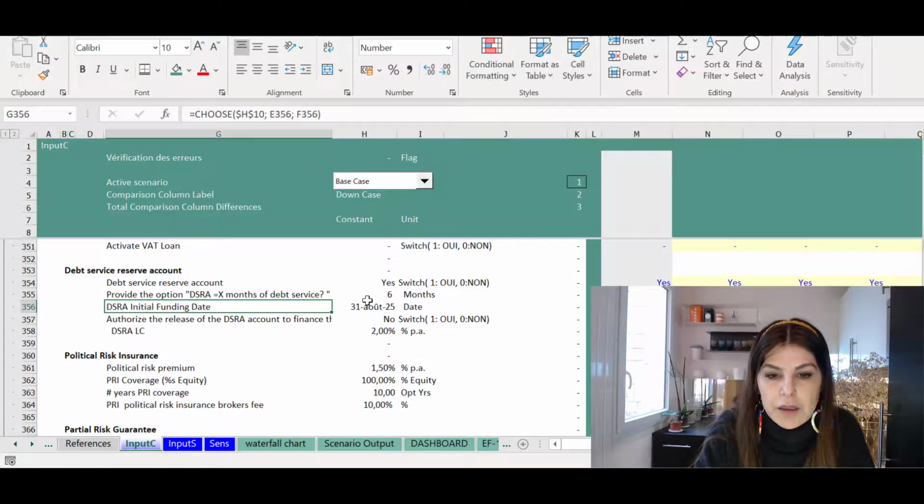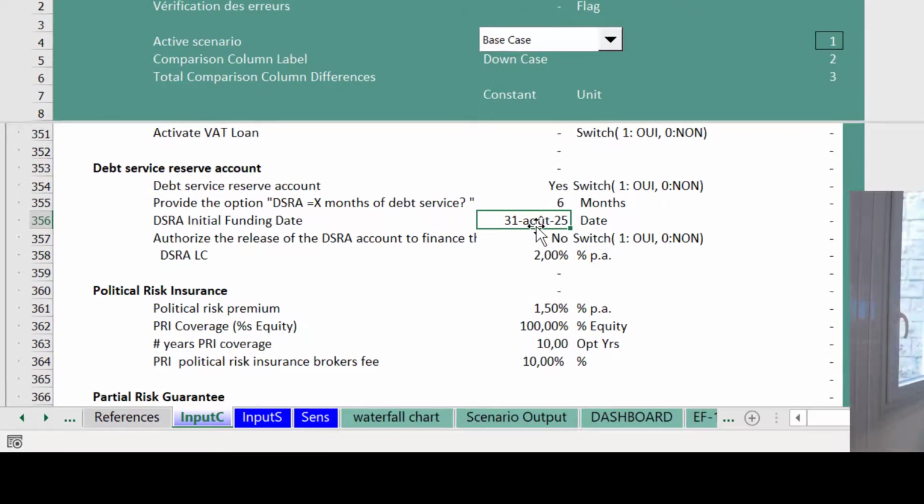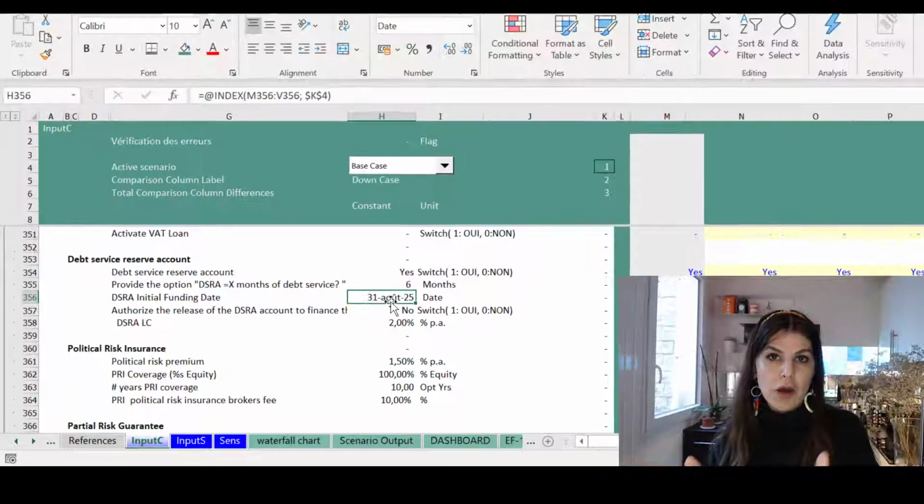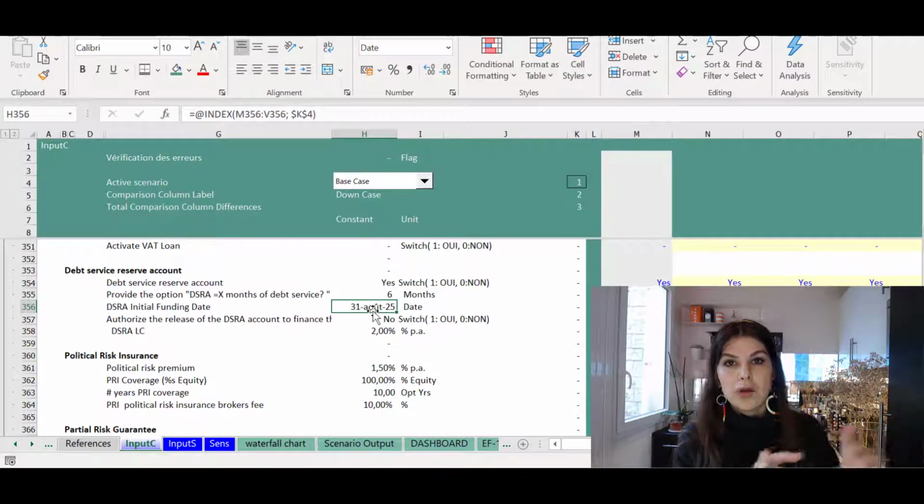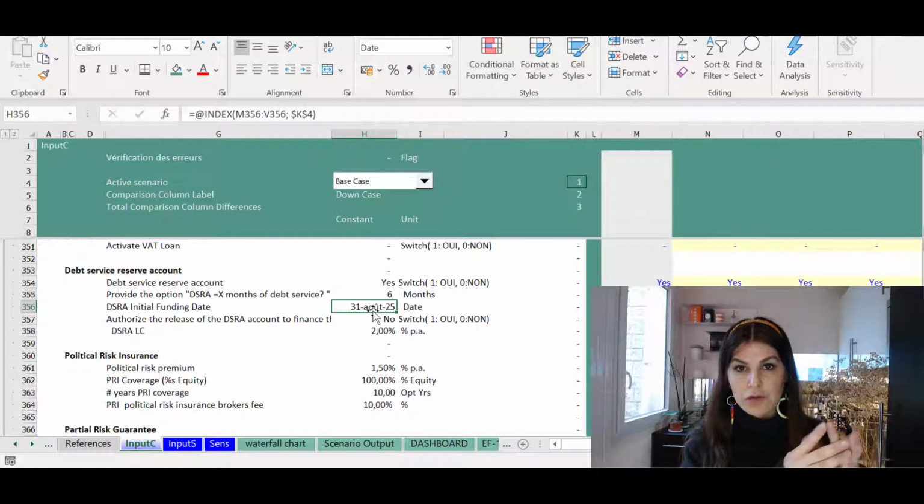The other thing, as I told you when we discussed it, the pre-funding of the debt service reserve account is usually done in the last construction period. With the experience that I have, I have not come across any deal where they require you to set up the account in the middle or from the start of the construction.